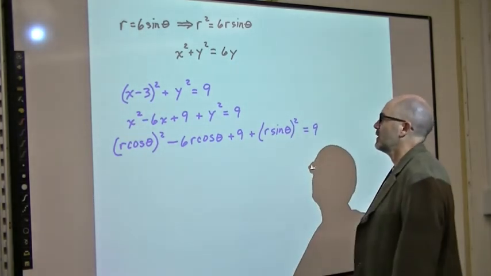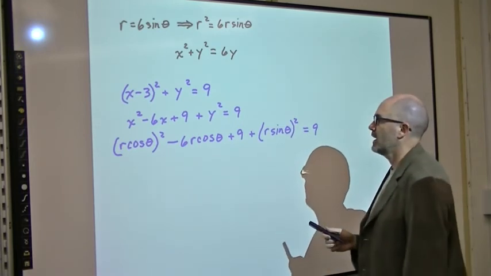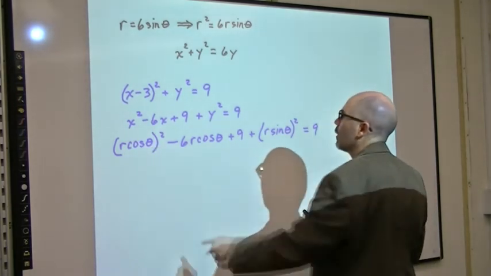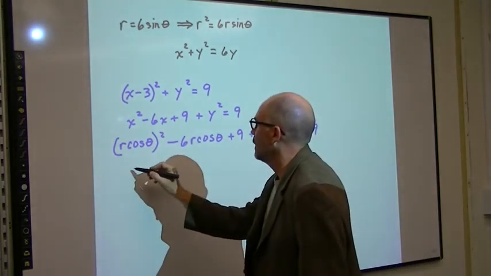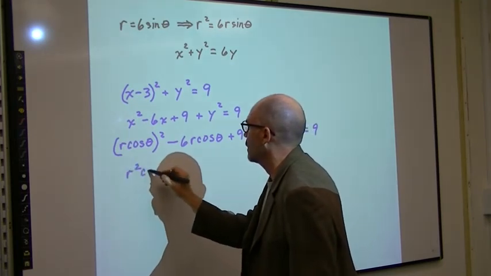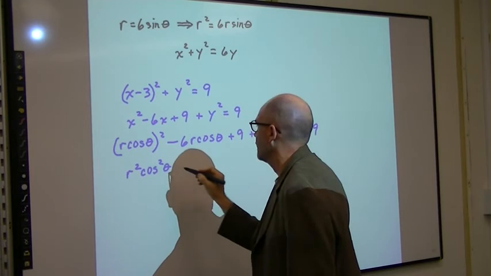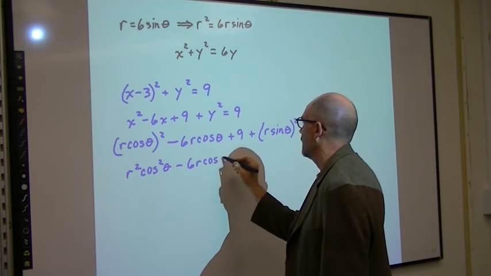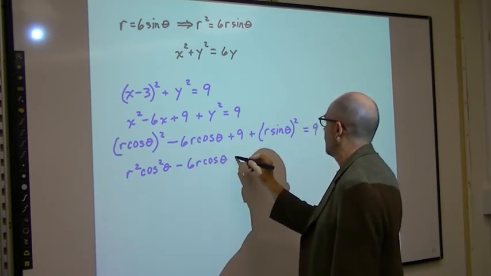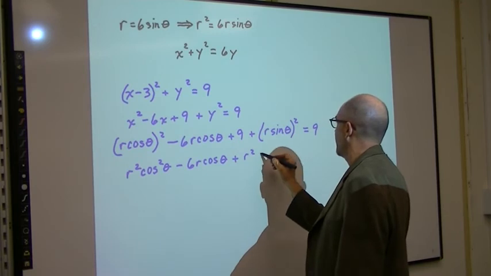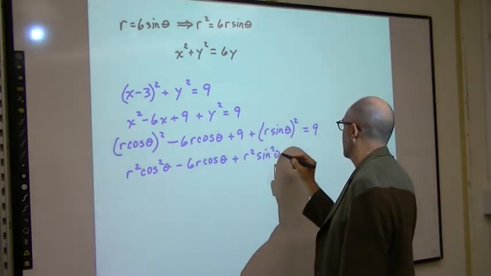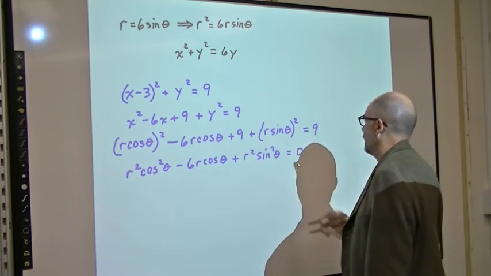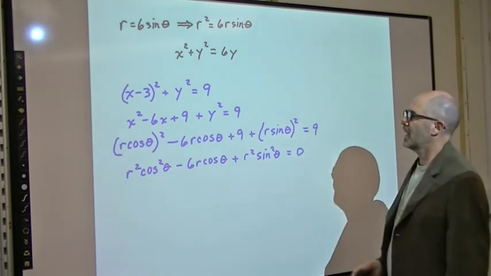Well, now clearly the 9s are going to cancel, so we could have done that already. But the other thing I wanted to show you is we've got here r cosine theta quantity squared, so that gives us r squared cosine squared theta minus 6r cosine theta plus r squared sine squared theta equals 0. The 9s cancel.